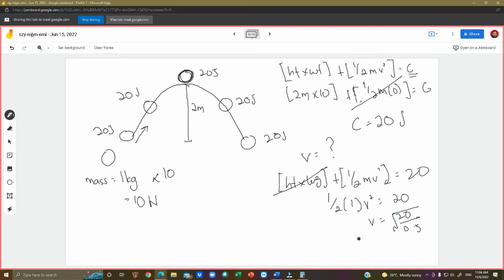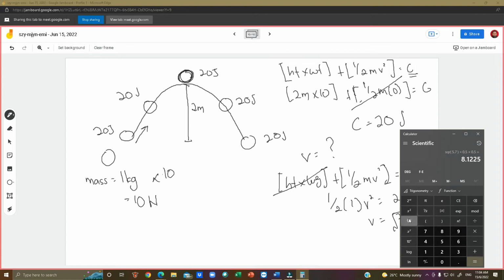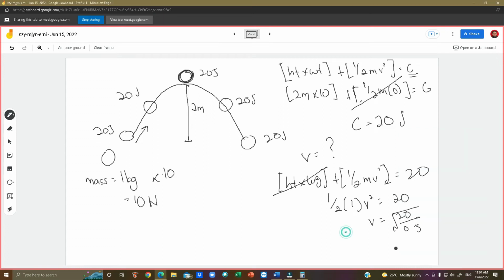Berapa dapat? 1 kali setengah jadi berapa lah? 0.5. Kerja gila. Kali 1, 0.5 lah. So, 20 bahagi 0.5. And then, the square root, the answer, you have 6.32. So, we know that now the velocity is 6.32 meter per second.